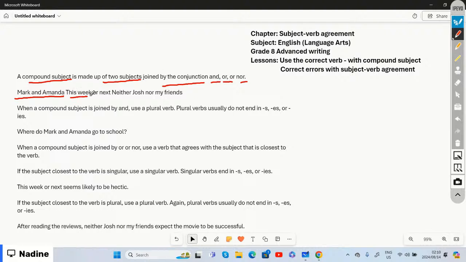Then this week or next, because it's either this week or it is next week. And neither Josh nor my friends, meaning it's not one of them. Neither Josh nor my friends. It's not one of them.